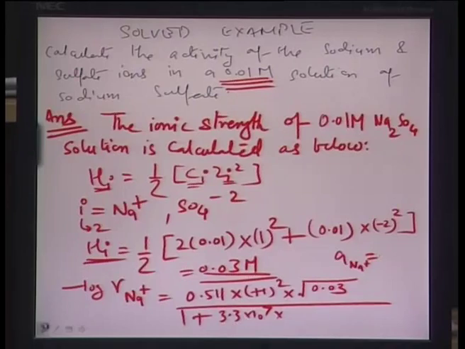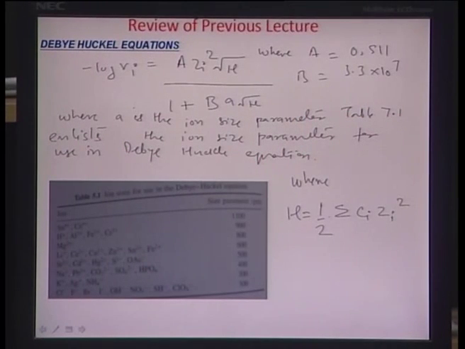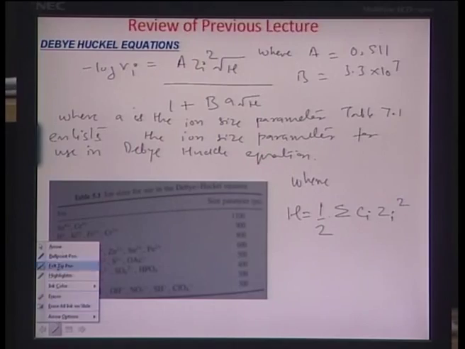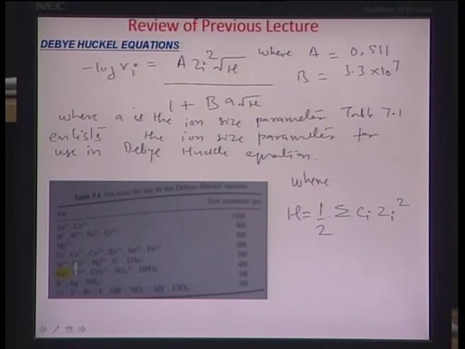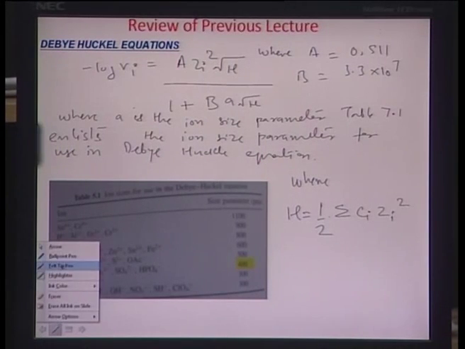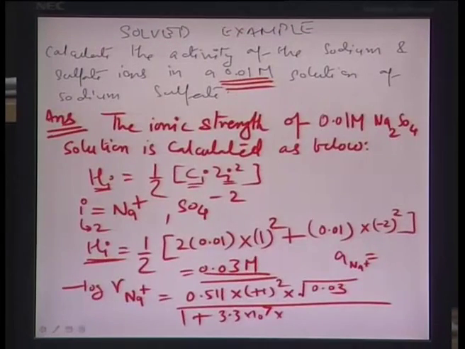This can be obtained from the table given before, where sodium Na plus has an ion size parameter of about 400 picometers, or 4 into 10 to the power of -10 meters, or 4 into 10 to the power of -8 centimeters. Since we are using CGS units for calculating everything here, we would take the ion size parameter A as 4 into 10 to the power of -8 centimeters times root of 0.03 molar.